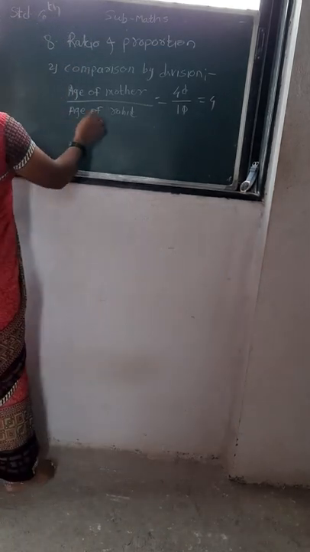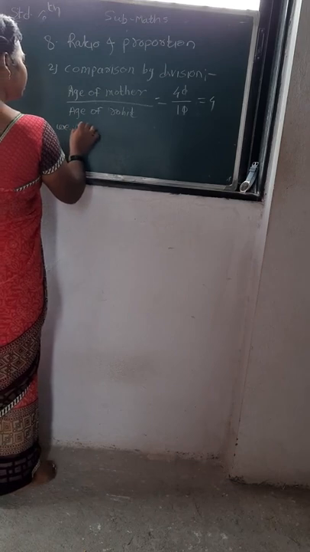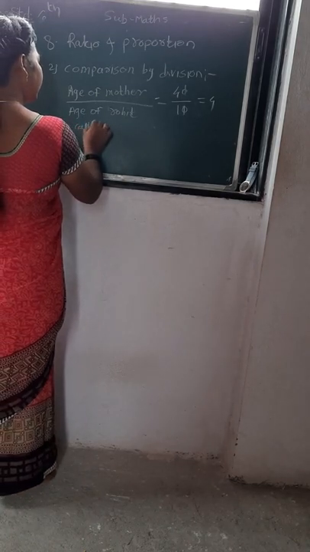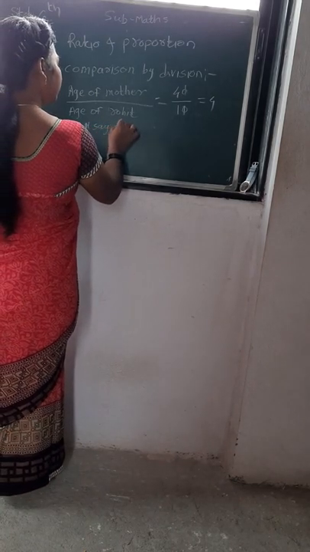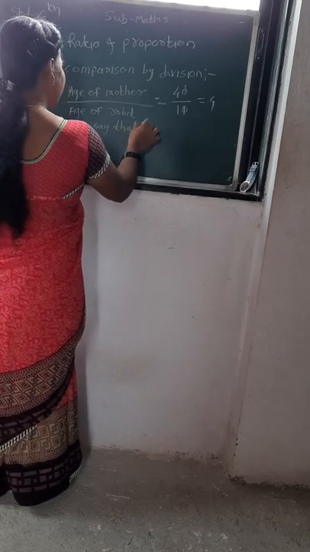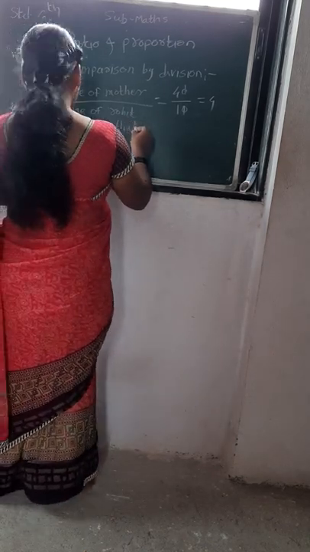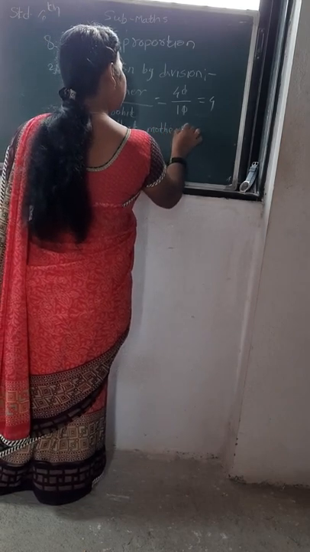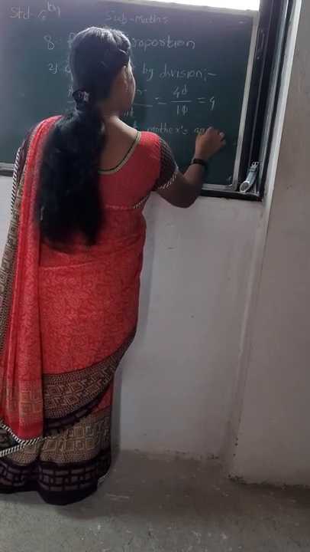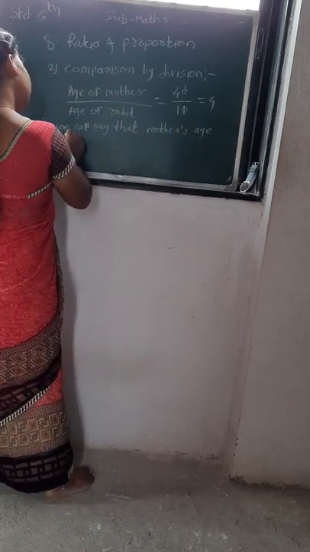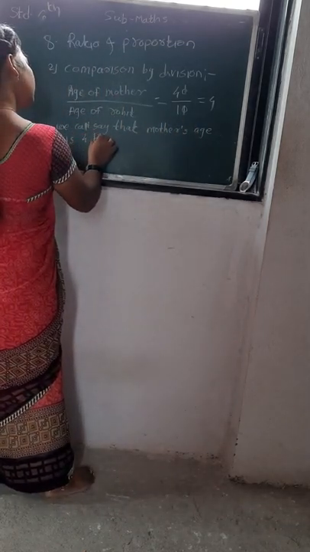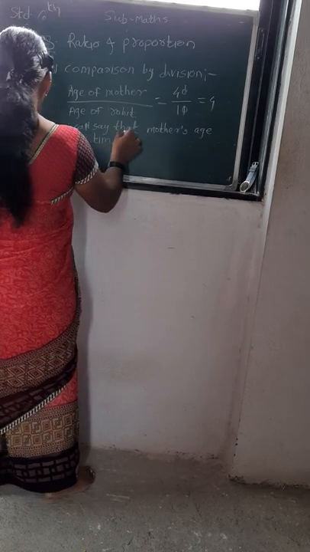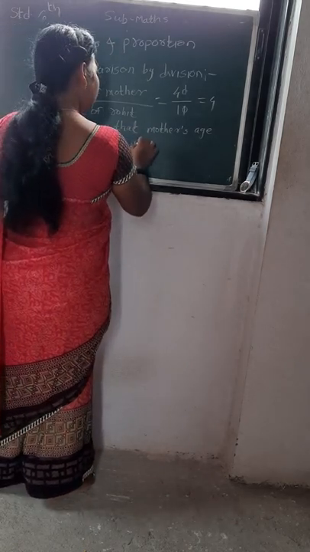In this proportion, we can say that mother's age is 4 times the age of Rohit.